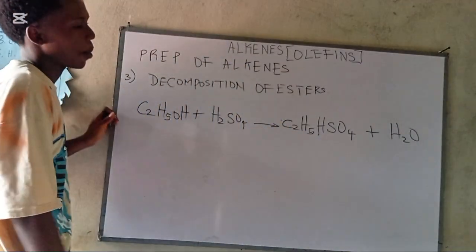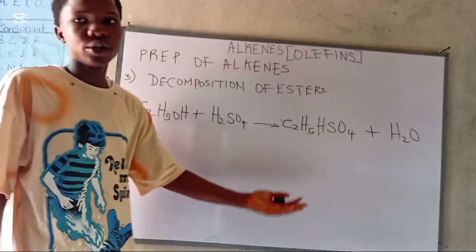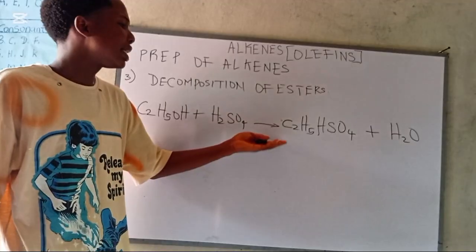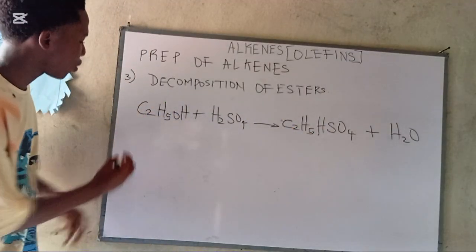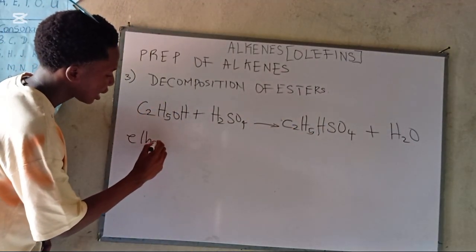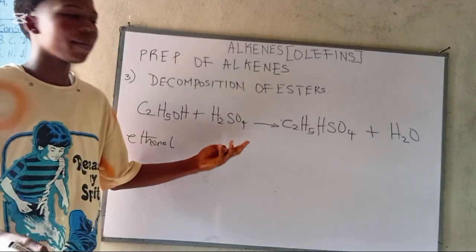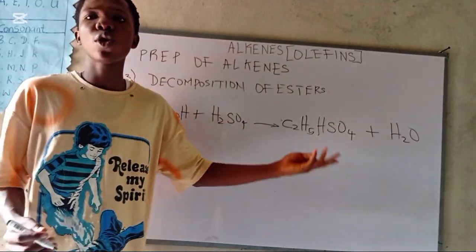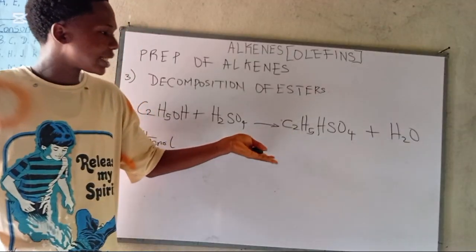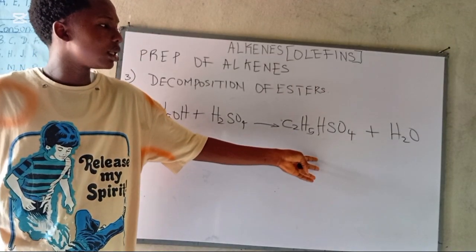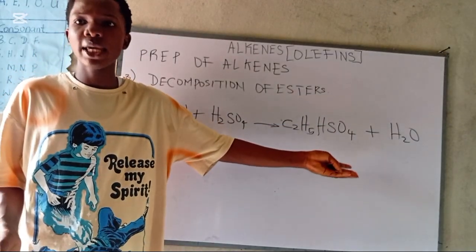So this is the ester which we are going to get. Now, what is this ester called? We know this to be ethanol, and we know this to be our mineral acid. We call it ethyl hydrogen sulfate.